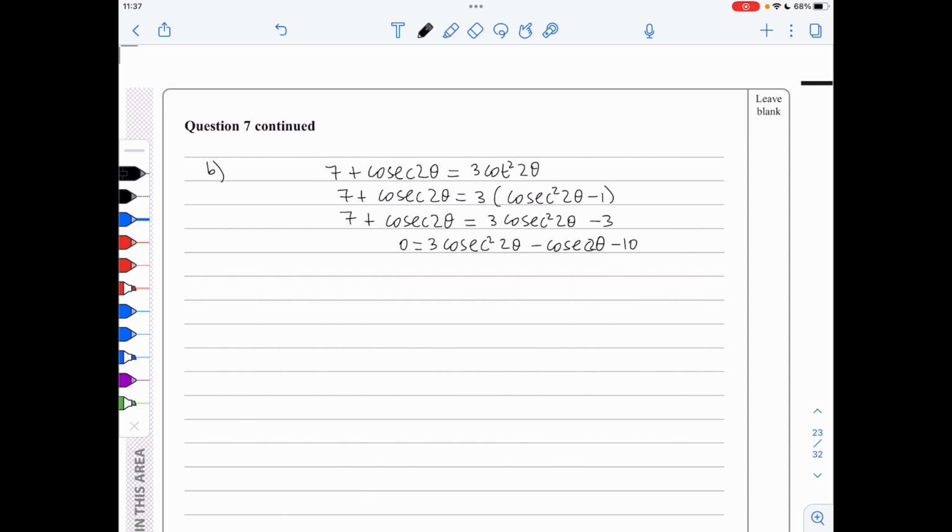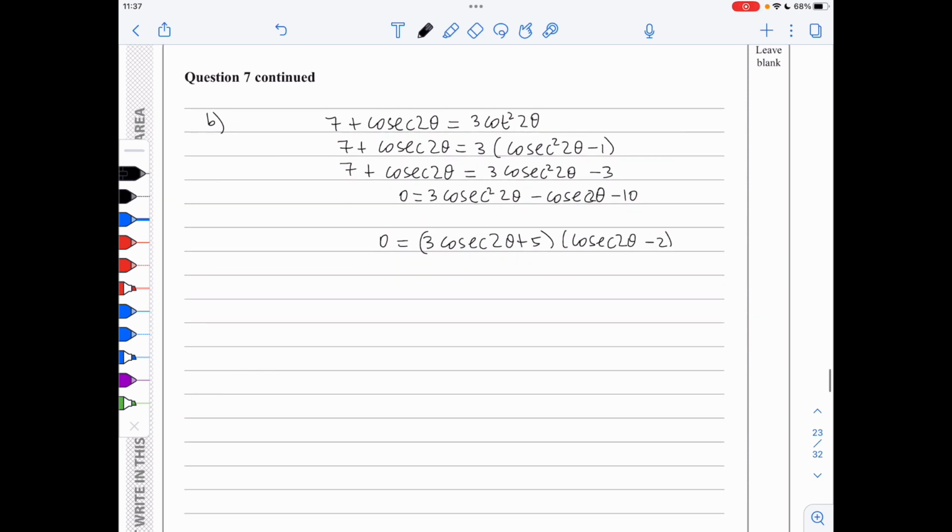This factorizes into 3 cosec 2 theta plus 5 and cosec 2 theta minus 2, which means that cosec 2 theta is minus 5 over 3, or cosec 2 theta is 2. So sine of 2 theta is minus 3 over 5, or sine 2 theta is a half.